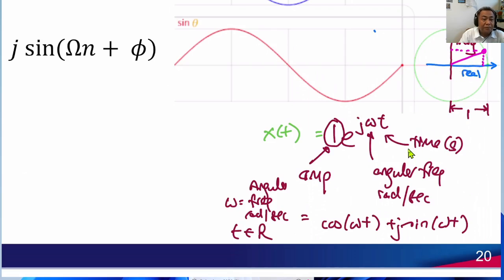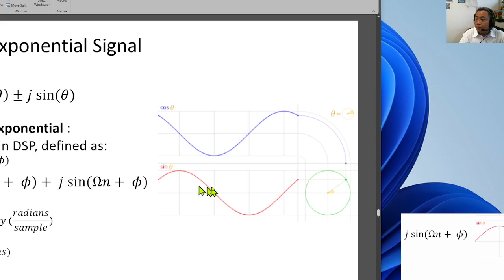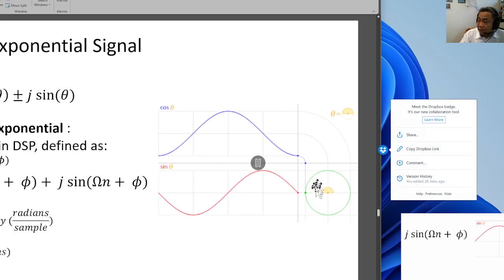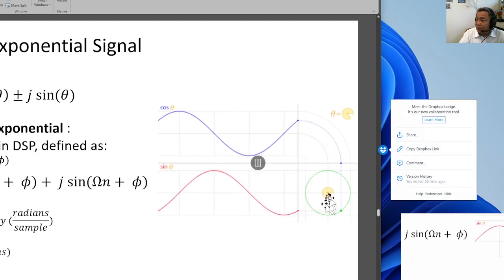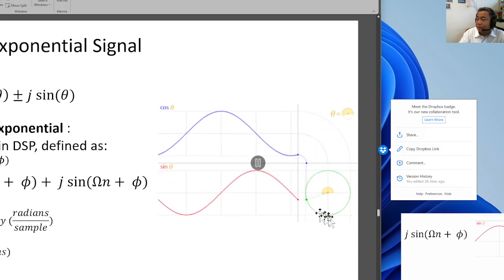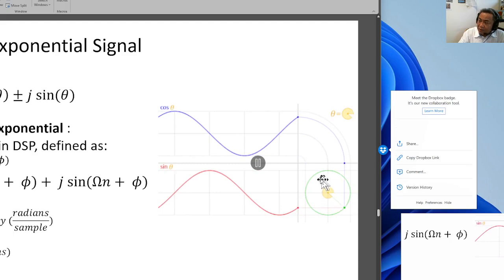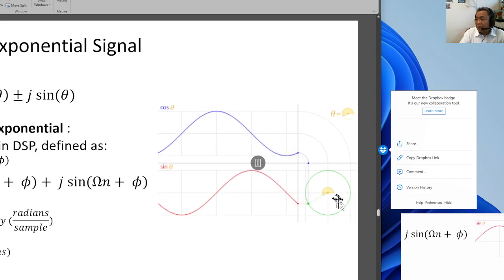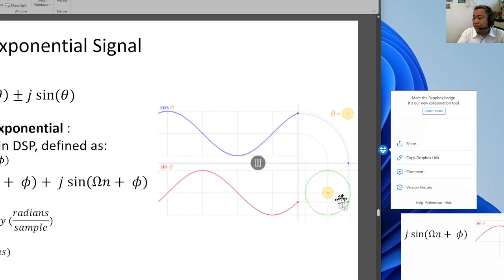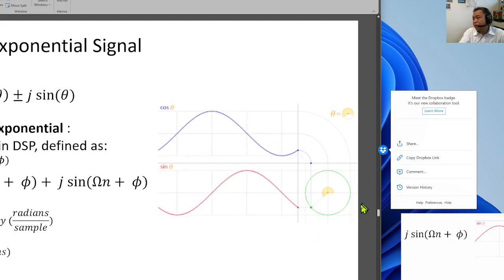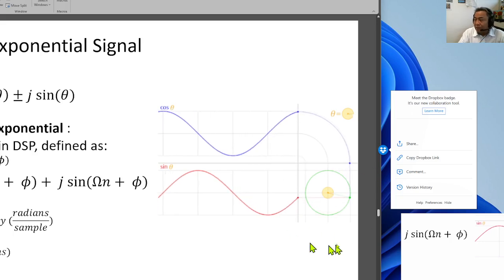Okay, let's see some demo. Now we animate this. The phasor is, in our example, x(t). Its length is fixed. The length is the radius of this circle. It is moving at a constant rate of, for example, maybe 3 times a second, so it's 1 second, 2 seconds, 3 seconds, and it is rotating.